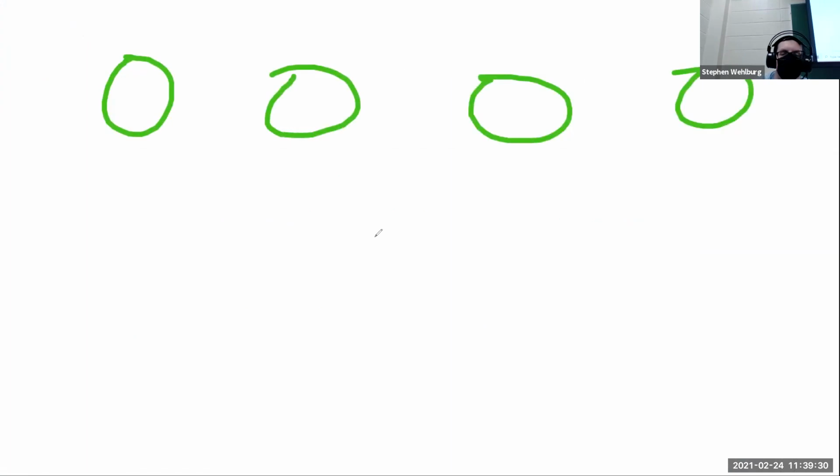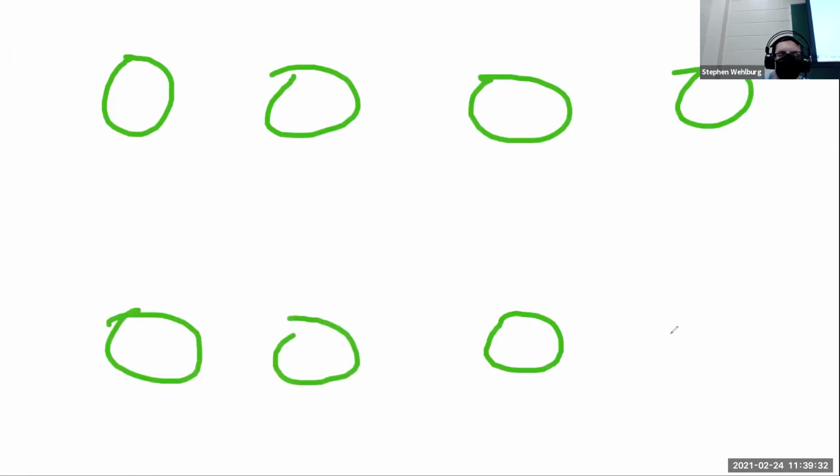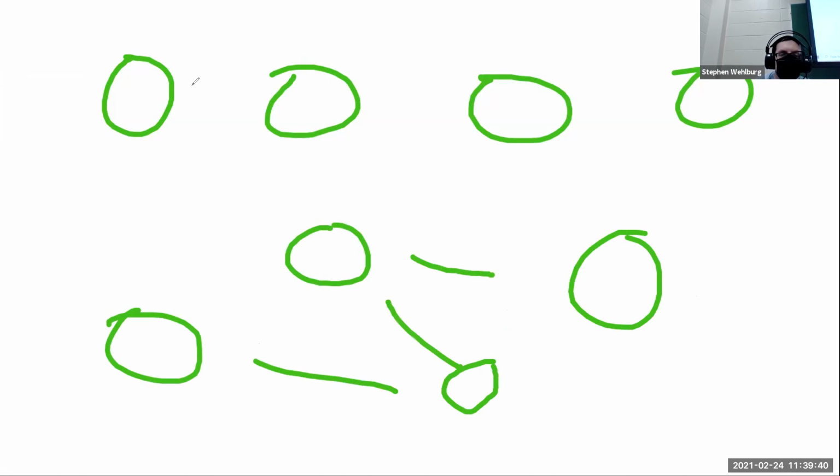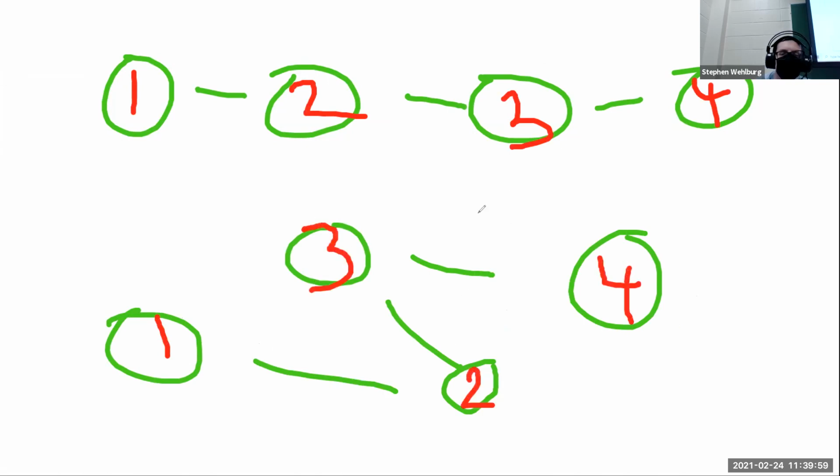But the goal is that if you have 2 linked lists, even if they're set up differently in memory, if they have the same values, these 2 would be the same linked list, right?